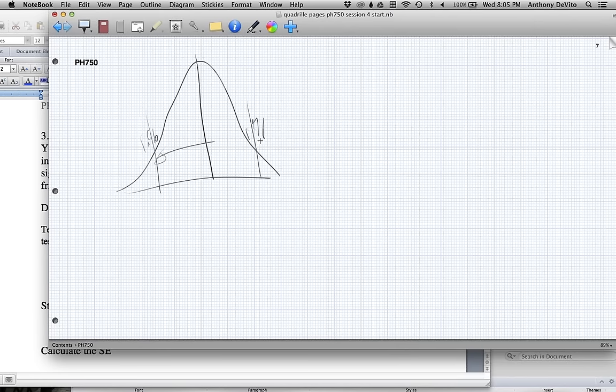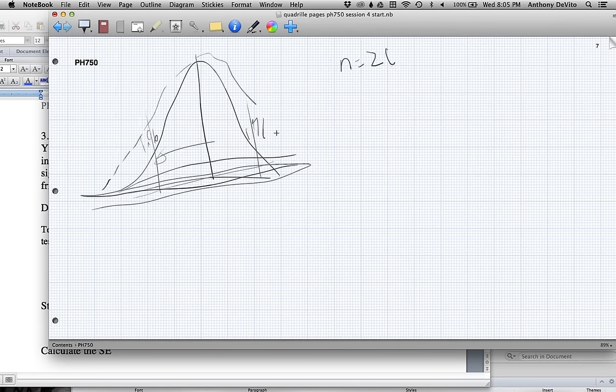Let's say I have a small sample size. If the sample size is, say, 26, like in our case here, the distribution of the possible outcomes doesn't look quite like this. It's still bell-shaped, but now it's wider. So I've got to go further out to include 95%.